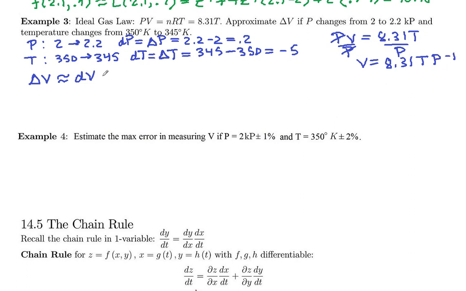So then the differential of V is going to be dV/dP times dP plus dV/dT times dT. So that's the definition of differential.